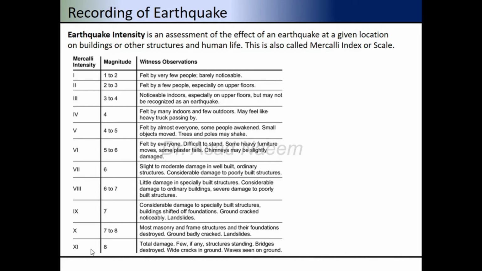So this means that there can be an earthquake of 8 magnitude, but it doesn't mean that it will have a Mercalli scale of 12 or 10, because if it's very far from any community or an urban area, it will not cause huge damage. So there is not an accurate relation between the Mercalli scale and the Richter scale, but this is a general representation.